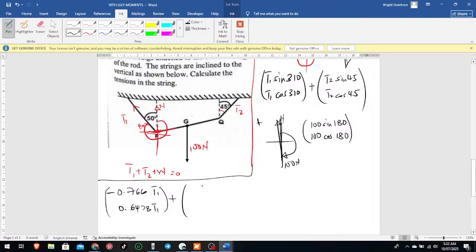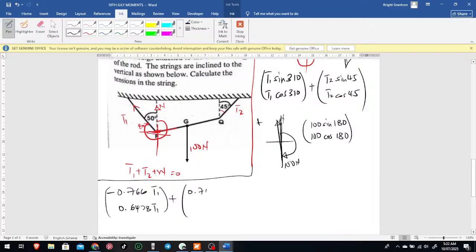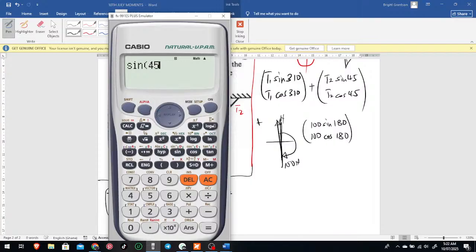Give me the decimal. Sine 45 is 0.707 T2. Then cos 45 is the same thing.